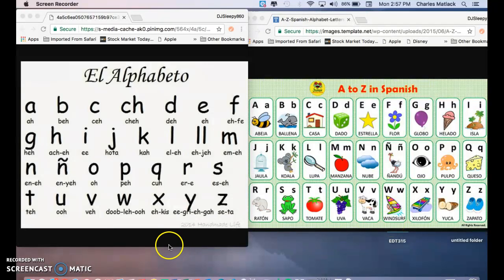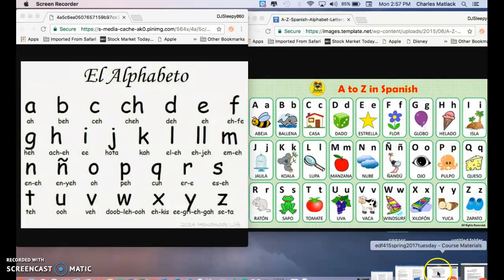W is an odd letter, you don't see much. Now we have X, as in xylophone. Finally, Y, as in yuca. And at the end, we have zeta. Zeta, as in zapato.